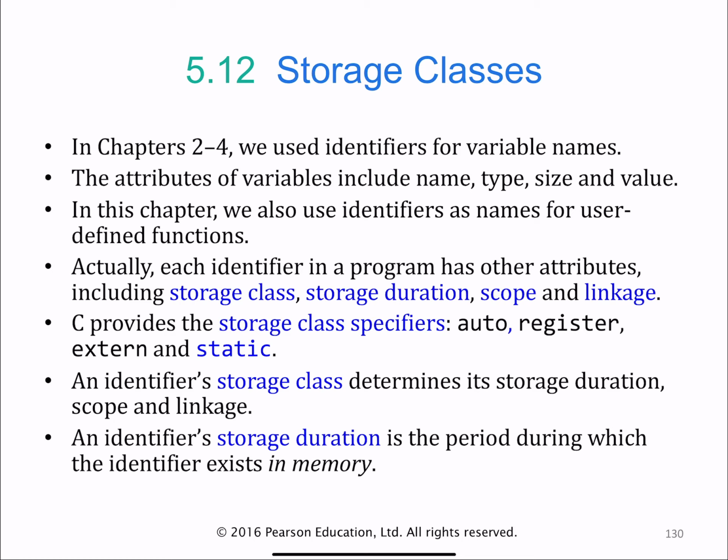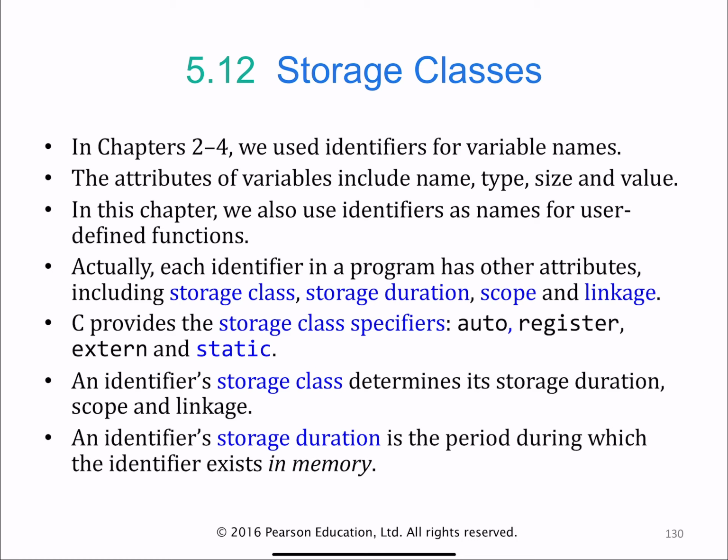So these are two different things, two different concepts. There's some overlap between them, because what storage class a certain variable belongs to can affect what scope it has. So we're going to cover these two topics together.